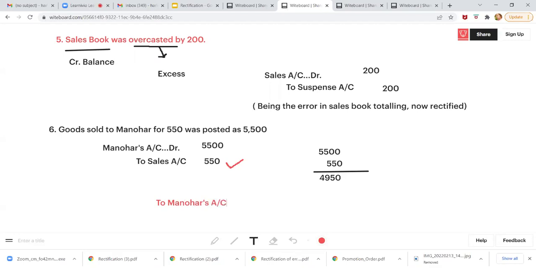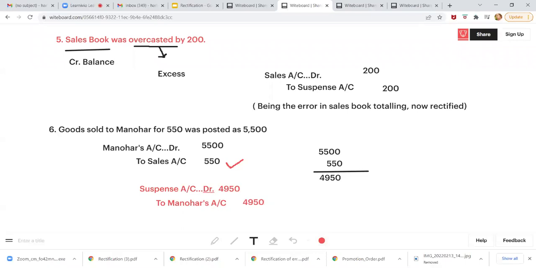We will credit Manohar's account with the amount of 4,950, as we know there is an error of that amount. So here on the debit side we have to create a suspense account, to understand that there is an error in the transaction.